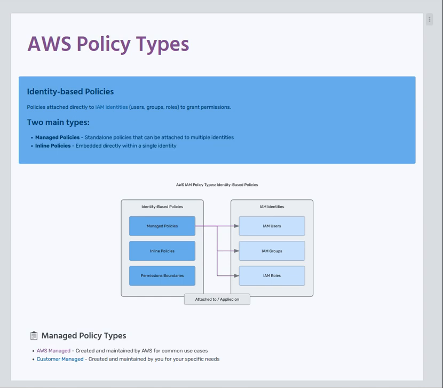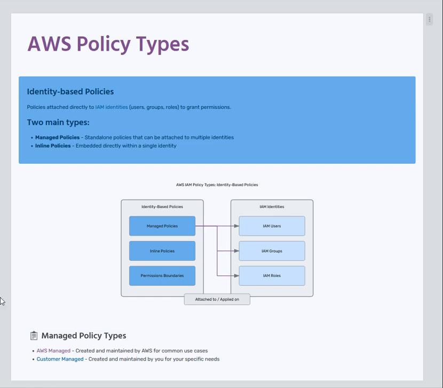Under identity-based policies, you have two different types. One is managed policies, which are standalone policies that can be attached to multiple identities, and then inline policies, which are embedded directly within a single identity.